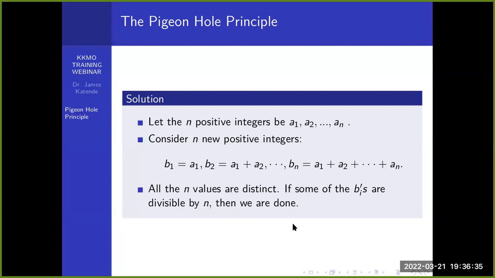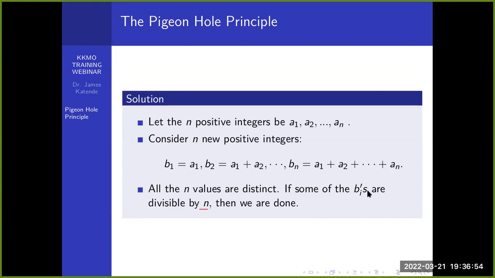So this gives you the sums. We are looking for a situation where at least one of these sums, because these are sums of a subset of the elements in here, is divisible by n.